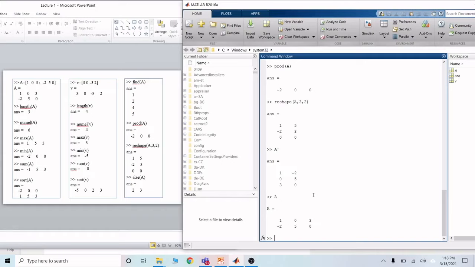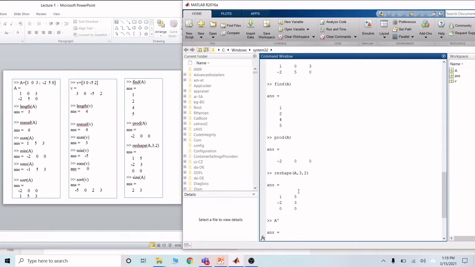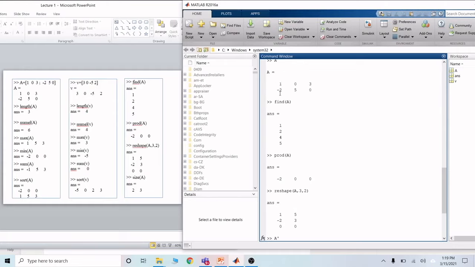Reshape is not exactly transpose. Reshape only changes the size from 2 cross 3 to 3 cross 2. Okay, and fill like 1, -2, 0, 5, 3, 0, because the first element is 1, second element is -2, third element is 0, fourth element is 5, fifth element is 3, and sixth element is 0, because MATLAB will fill in column wise.